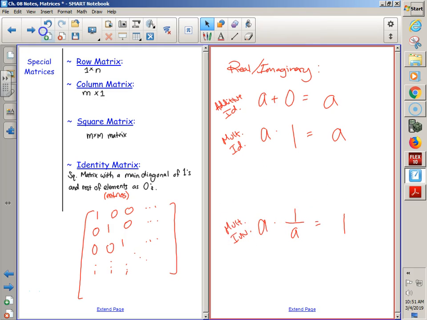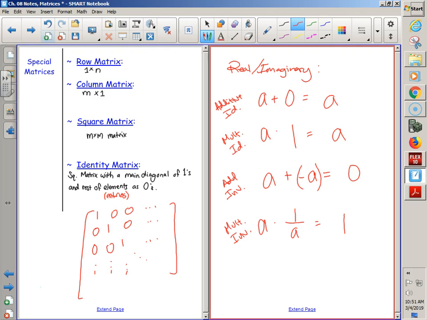There's also an additive inverse. What would undo the a with addition? Negative a, yeah. So the additive inverse would undo the addition, and so you would get to 0. Multiplicative would undo the multiplication, you would get to 1.